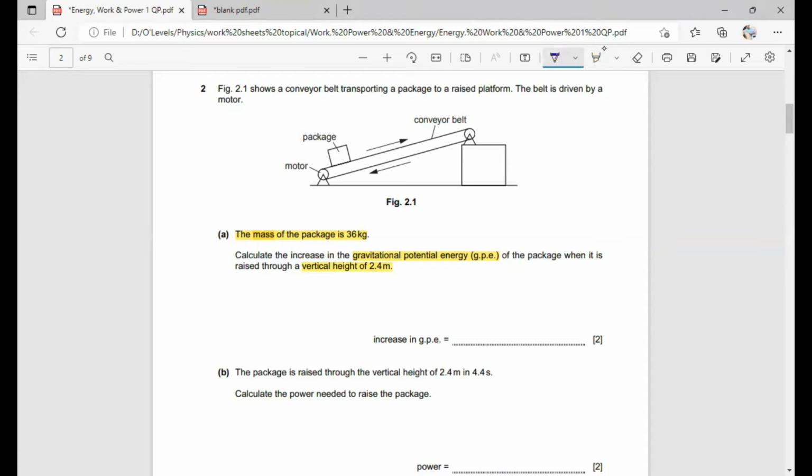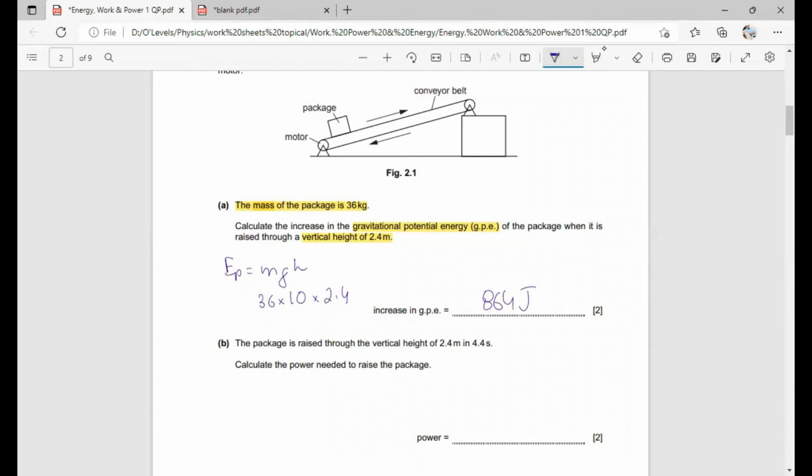So the gravitational potential energy formula is EP equals m g h. We know m is 36, g value is 10, and height is 2.4. So the value is 864 joules.